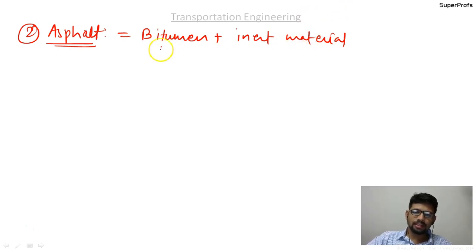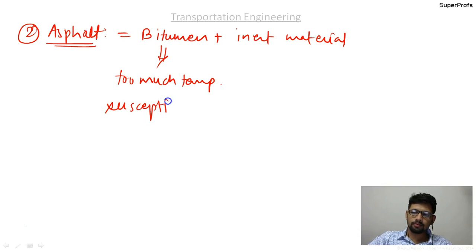Bitumen is actually very temperature susceptible, and the inert material will be very less temperature susceptible.